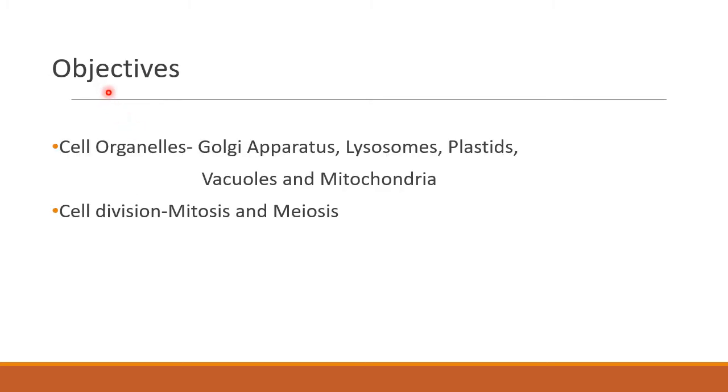So in today's module, we are going to learn about the Golgi apparatus, lysosomes, plastids, vacuoles, and mitochondria, as well as the last topic of this lesson, cell division, that is mitosis and meiosis.